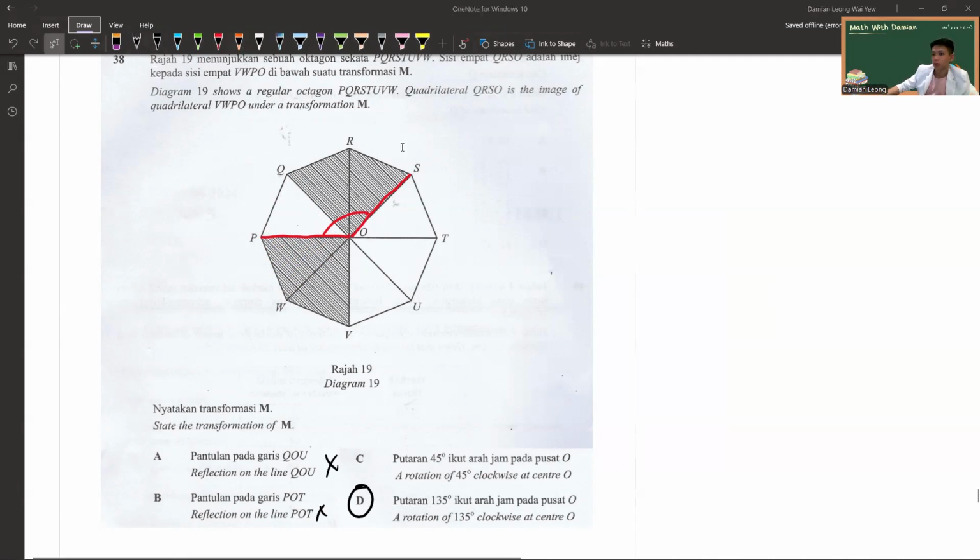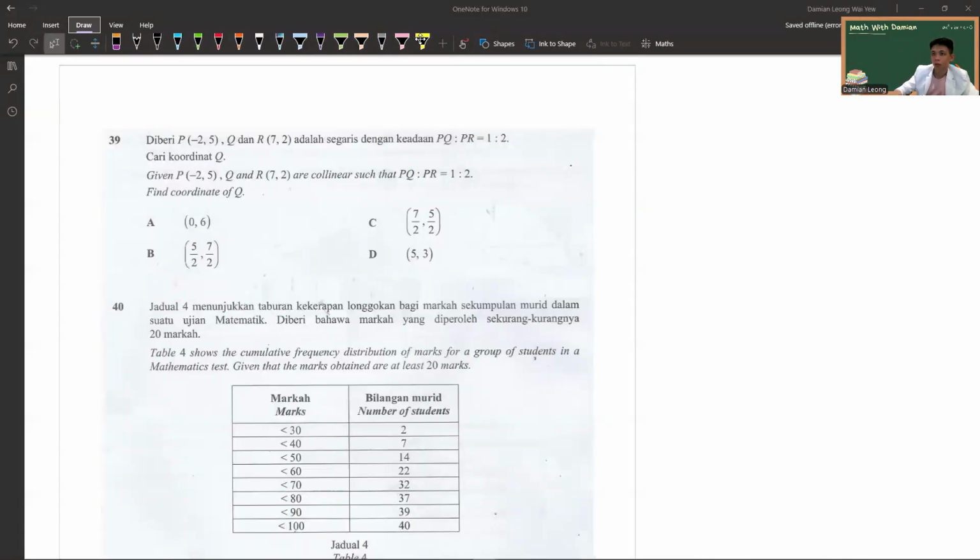Then we look at question 39. So here we have points P, Q, and R collinear such that the PQ to PR ratio is 1 to 2. So it's better to sketch it out, easier to understand. So we have points P, Q, and R. So PQ to PR ratio is 1 to 2.